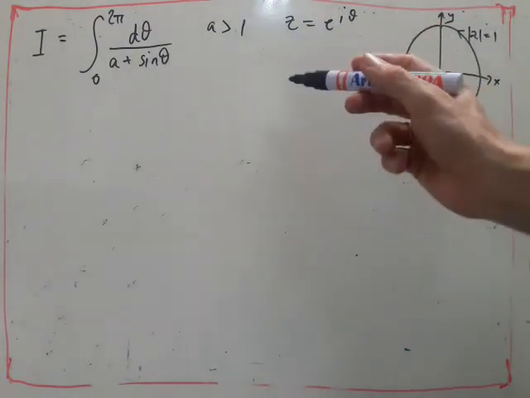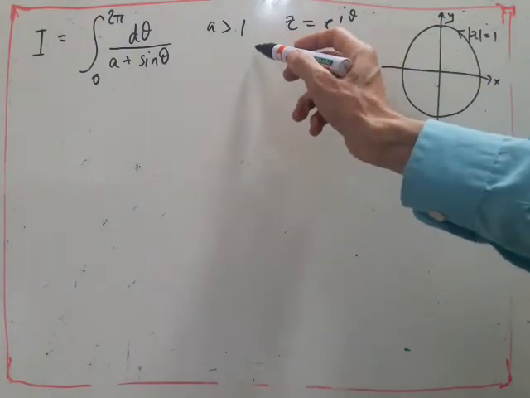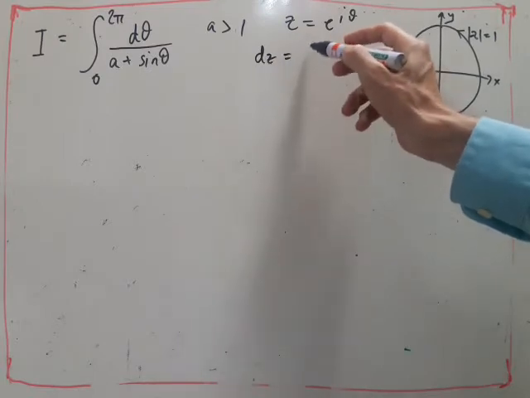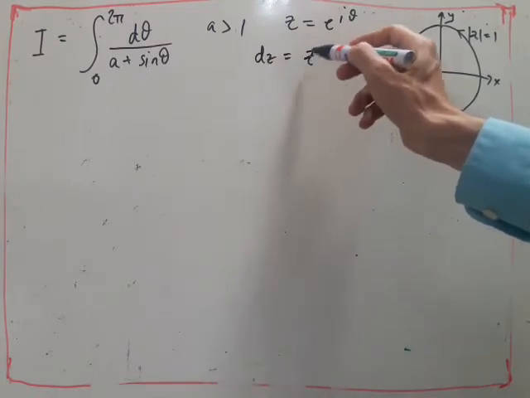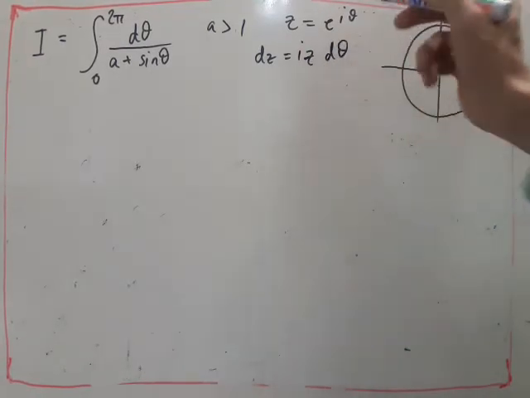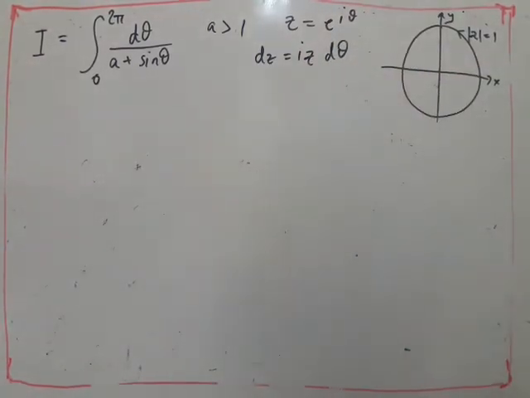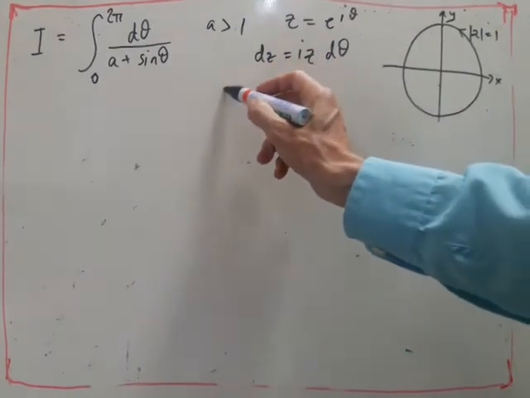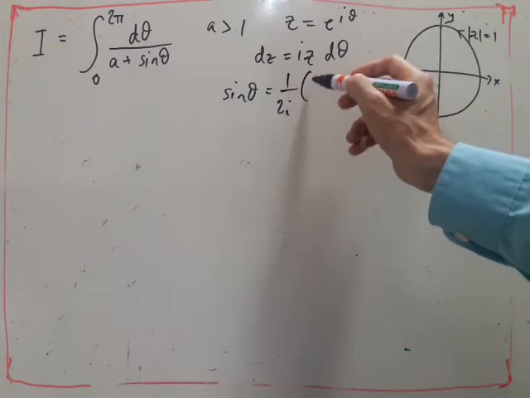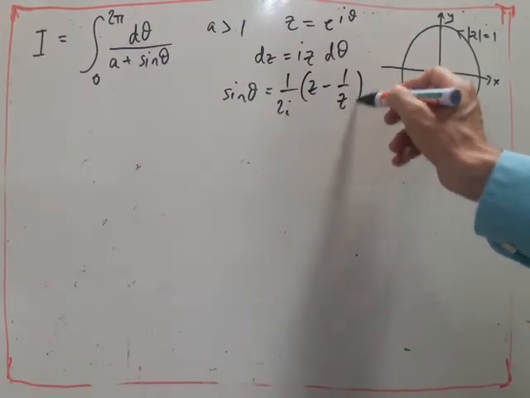So if we make that change of variable, dz is equal to z times i d theta, and sine theta is equal to 1 over 2i, z minus 1 over z.